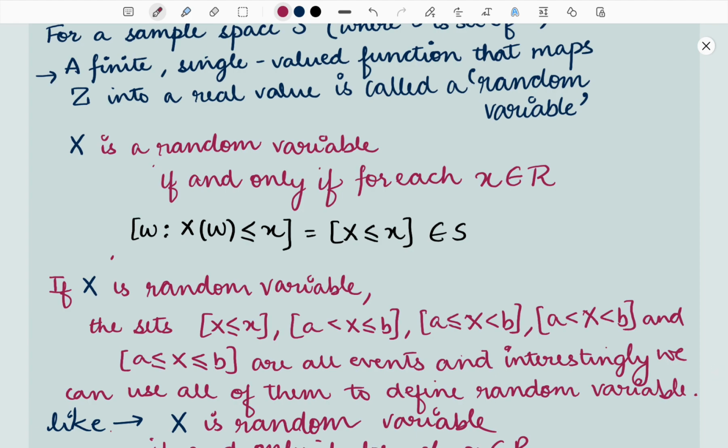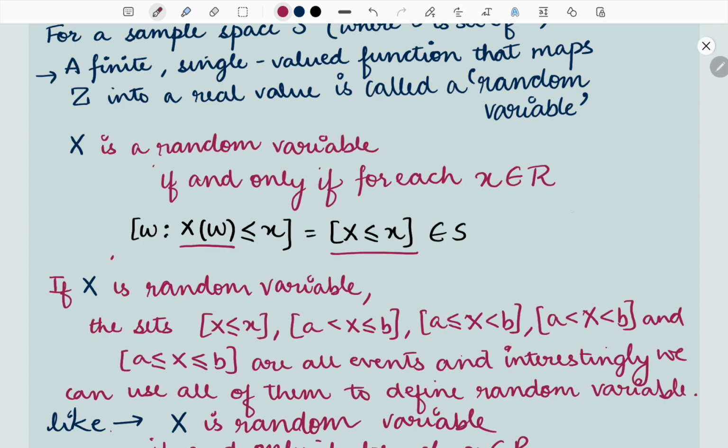Here's a condition: if and only if for each x belonging to real numbers, here's the element and x. This means that the random variable on the element is less than x, which also means that random variable x is less than or equal to the quantity x, which belongs to real number values.